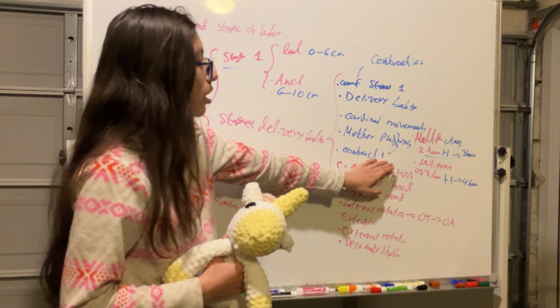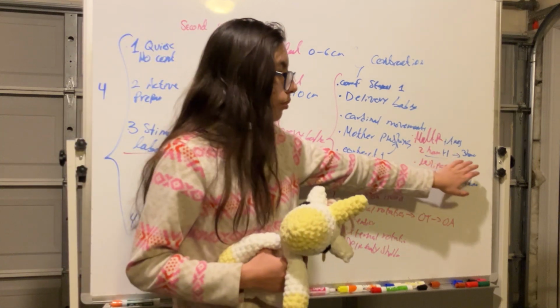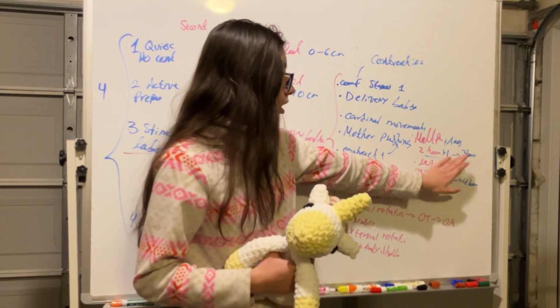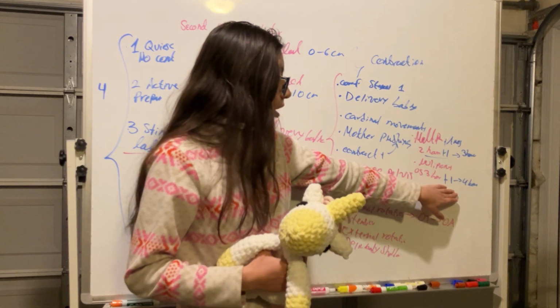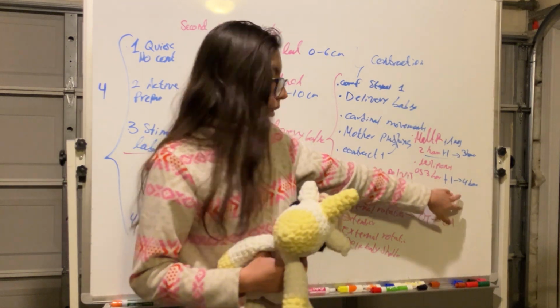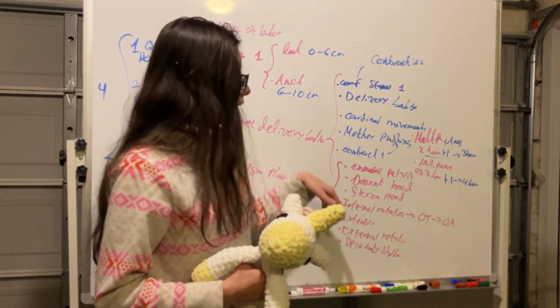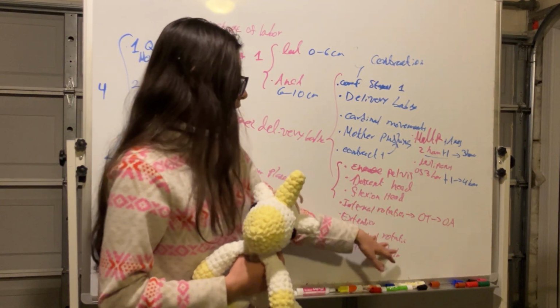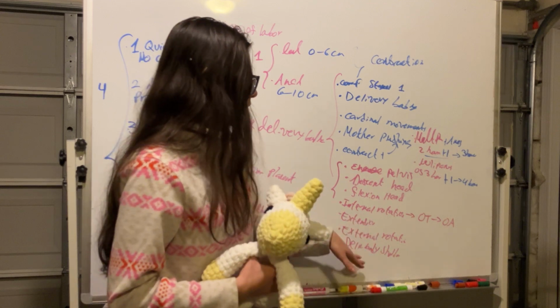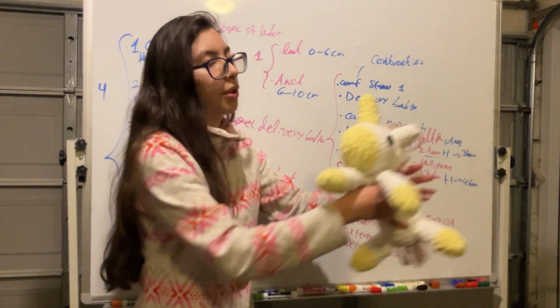And this takes 3 hours if it's a multiparous woman receiving anesthesia, and 4 hours if it's a nulliparous woman receiving anesthesia. The cardinal movements are: engagement, descent and flexion of the head at the same time, then internal rotation, then extension of the head, then external rotation, and then delivery of the head, shoulders, and the baby.